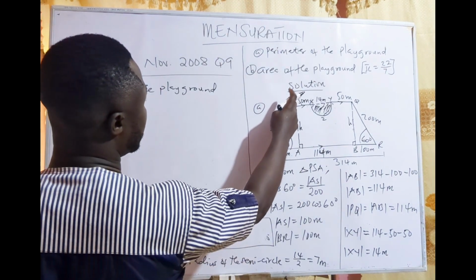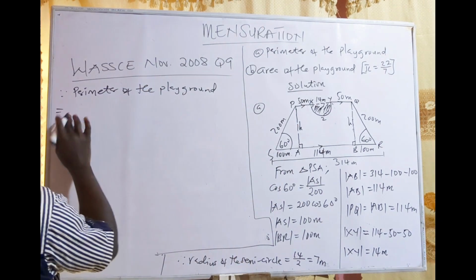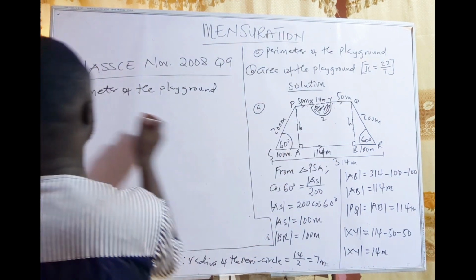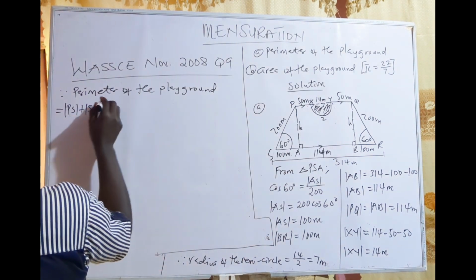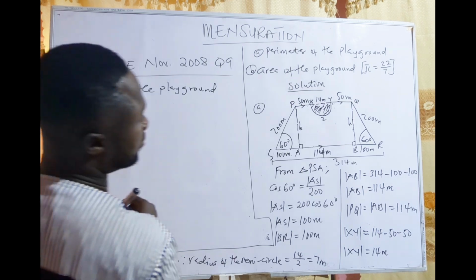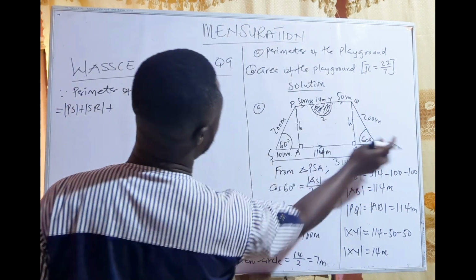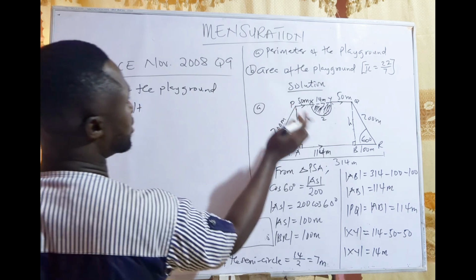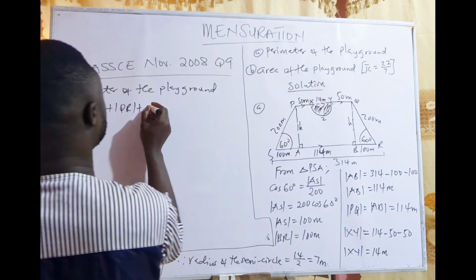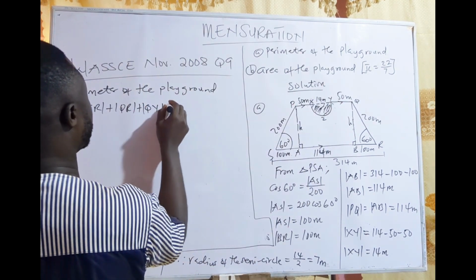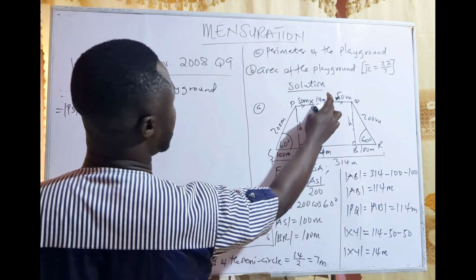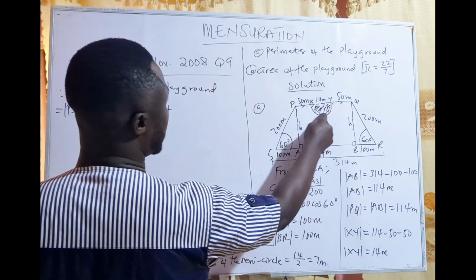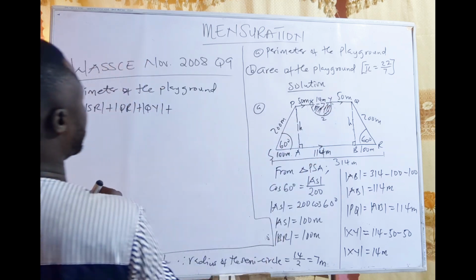So we have length PS plus SR plus QR plus QY, plus the length of the semicircular portion, because remember this place was not there.